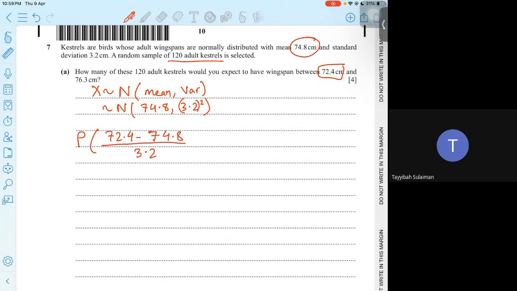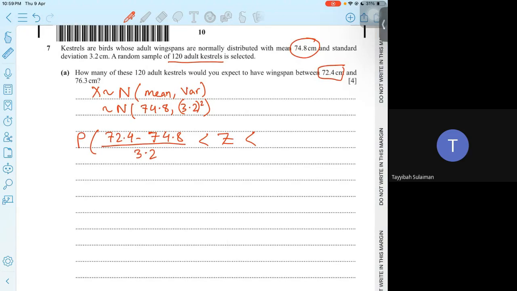And then this has to be less than Z. And then there's another side of this formula, which is going to have, instead of 72.4, 76.3 minus 74.8 over 3.2.